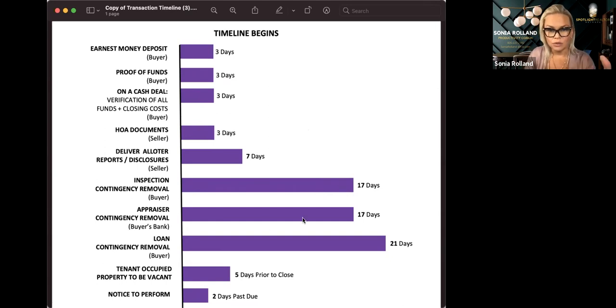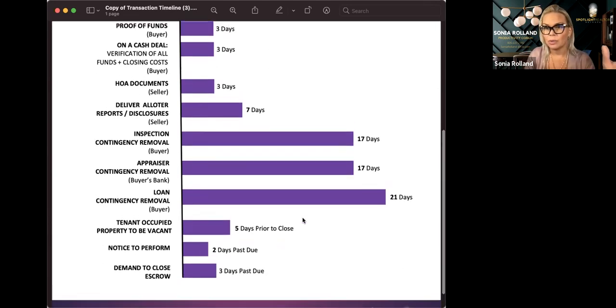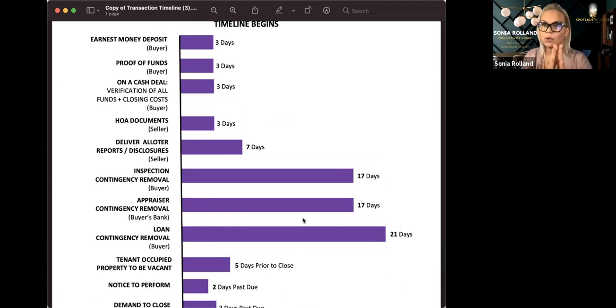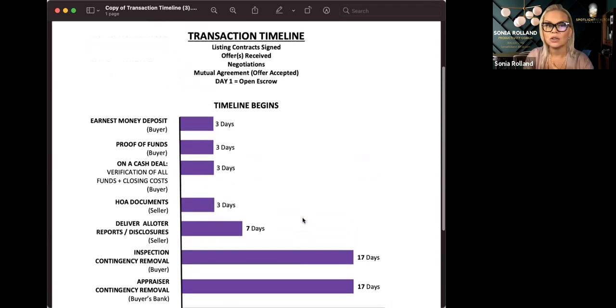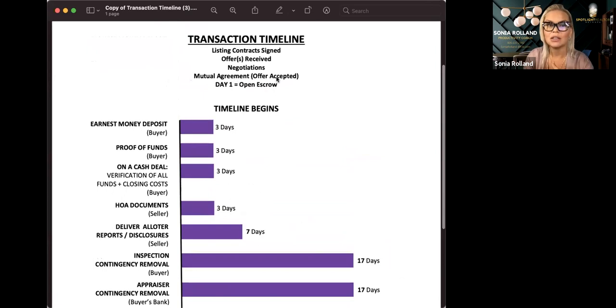You can shorten all of these, you can change it or whatever, but that's why we always want to know how to do the contracts ourselves. Even if you want to use a transaction coordinator, you always need to know how to do the contracts yourself up until mutual agreement. At that point, you can drop them with the TC, and then they're going to start hunting down all these disclosures and whatever else for you and keep track of your timeline.